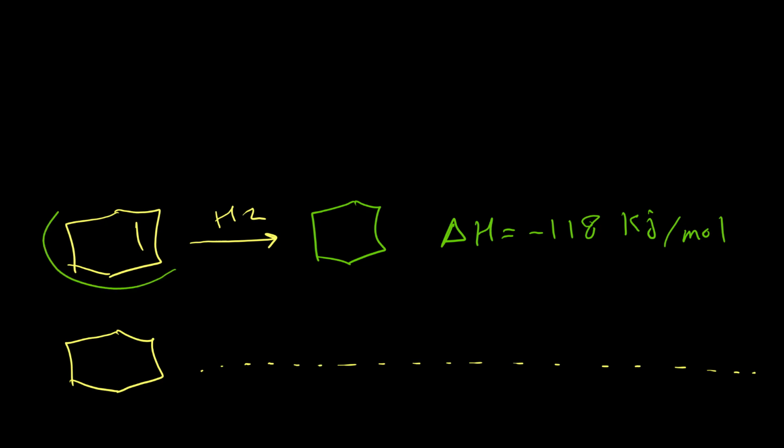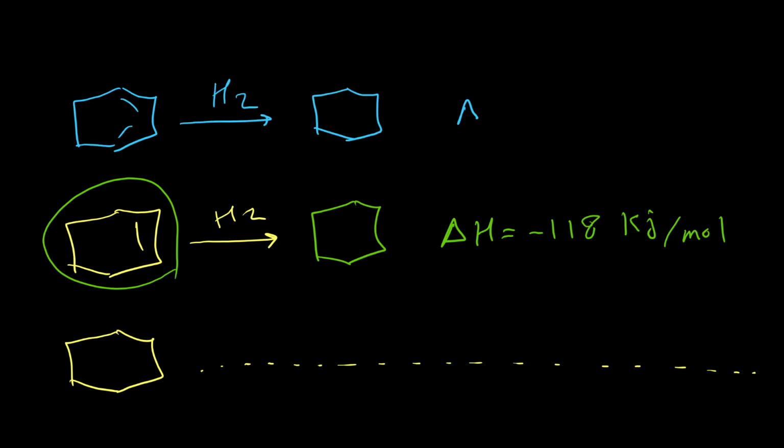It means cyclohexene has 118 kilojoules per mole more energy than cyclohexane. If we study cyclohexadiene for this reaction, the delta H for this reaction will be negative 230.